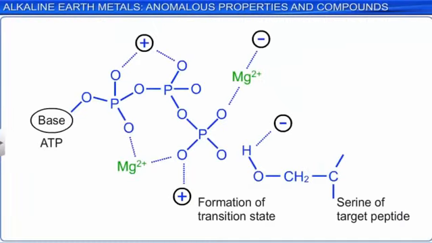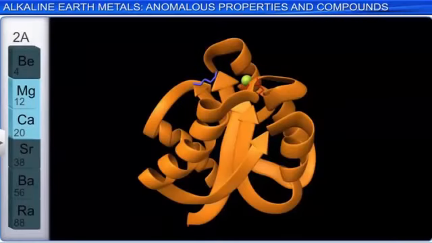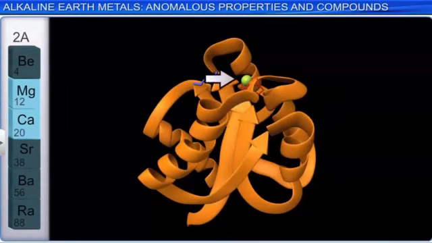Phosphoryl transfer enzymes, which use ATP in phosphate transfer, use a magnesium ion as a cofactor for enzyme function. An illustration of one such enzyme is shown here, with the magnesium ion shown in green.